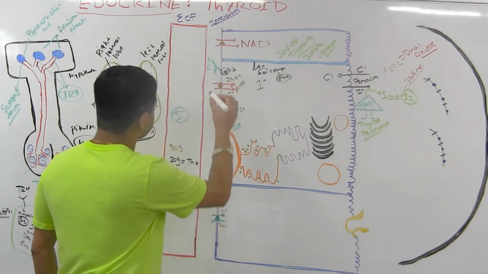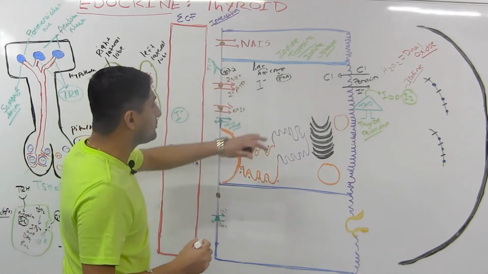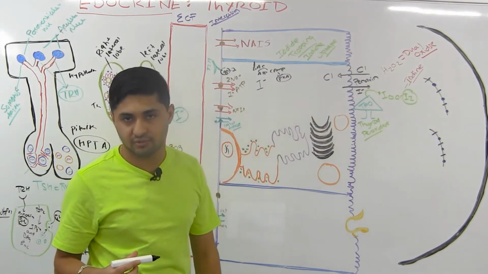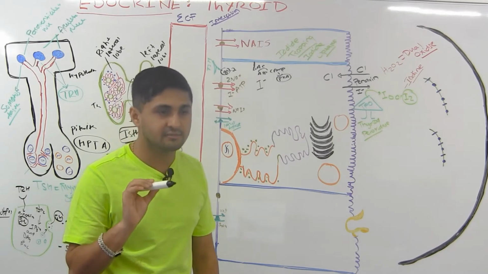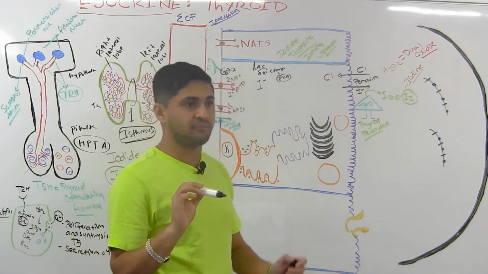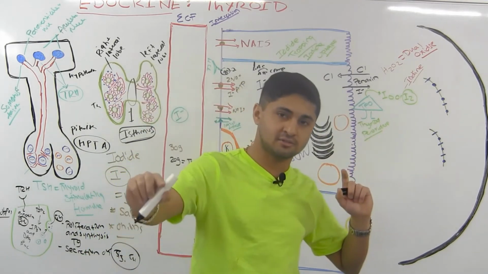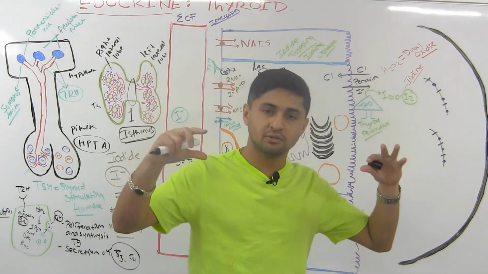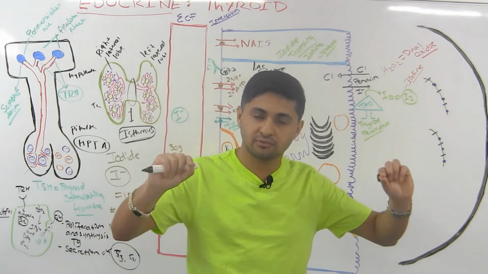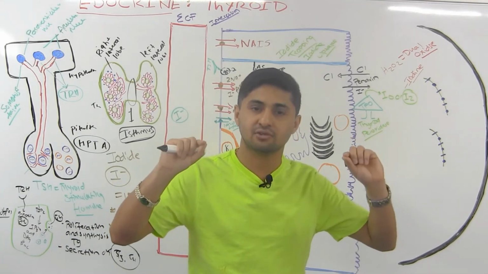But if TSH comes and binds into the GQ pathway, usually that leads to the activation of secretions. That is something that I wanted to quickly emphasize here too. So again, TSH has both receptors. It has the GQ receptor and the GS receptor in your follicular cells. GS is going to lead into proliferation and synthesis of your thyroglobulin.